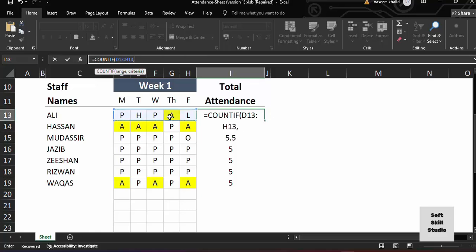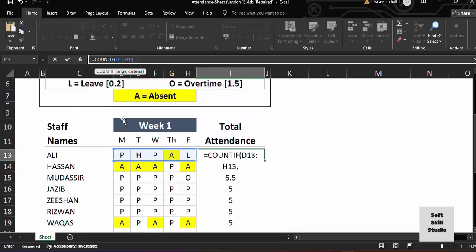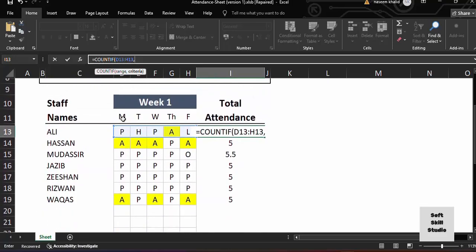then again comma, and what is the criteria here? First suppose I use the criteria of P, so here in brackets I will write P, then close the parenthesis.